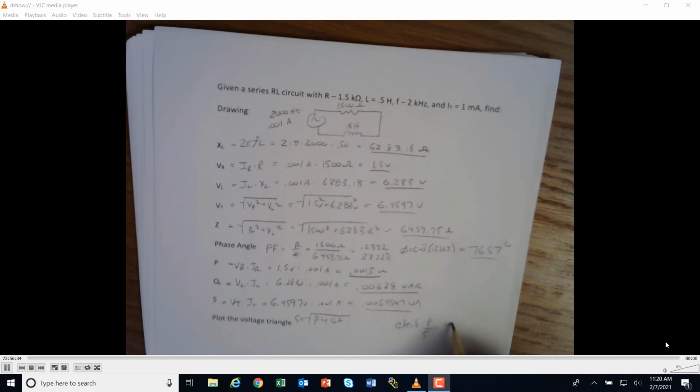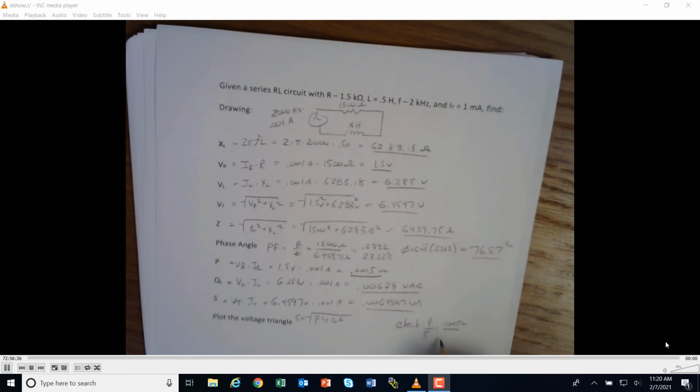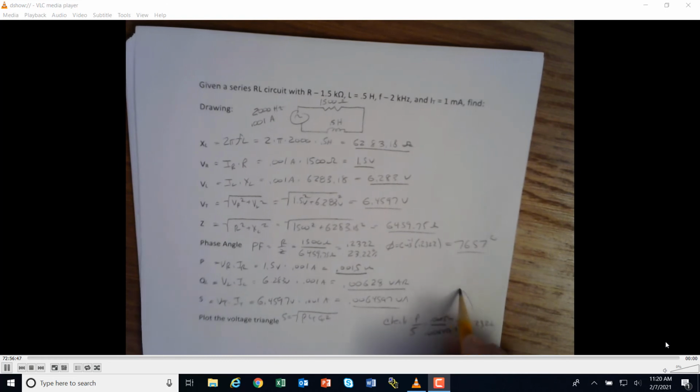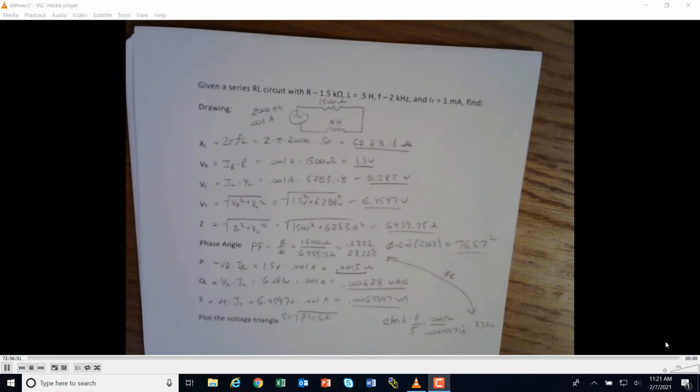We have our real power over our apparent power, S: 0.0015 watts over 0.0064597 VA, and you divide those out, you get 0.2322, which is right there, and that seems to check out okay. So not really a very efficient circuit we got going there.